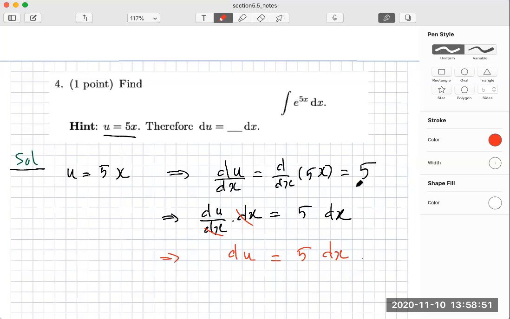Very well. If we know the relation between du and dx, and in the problem we want to write dx in terms of du, how can we do it here?